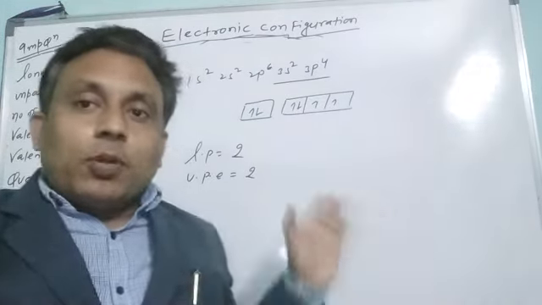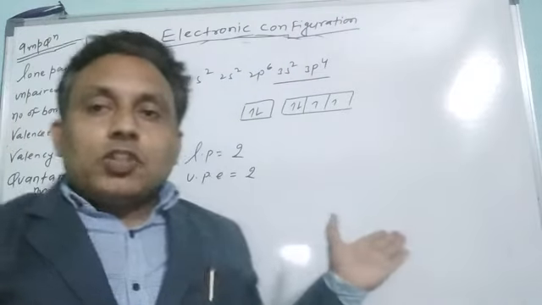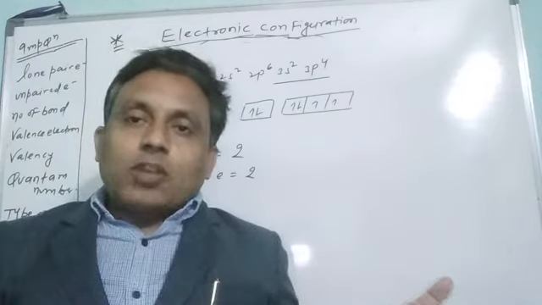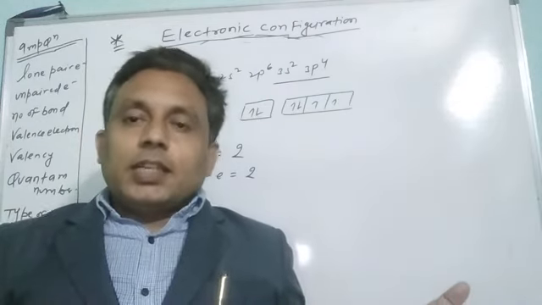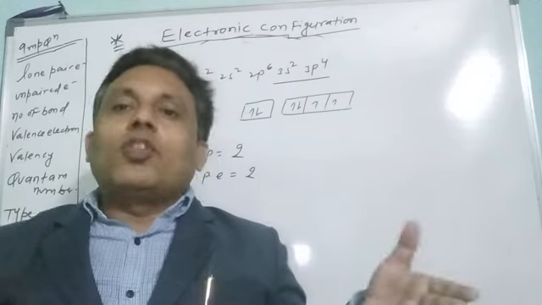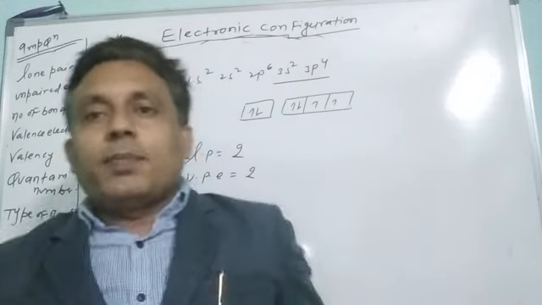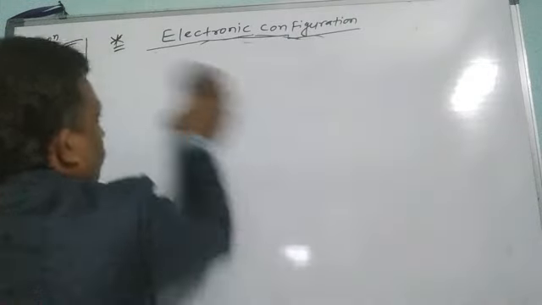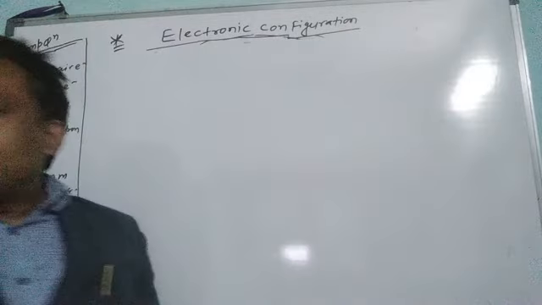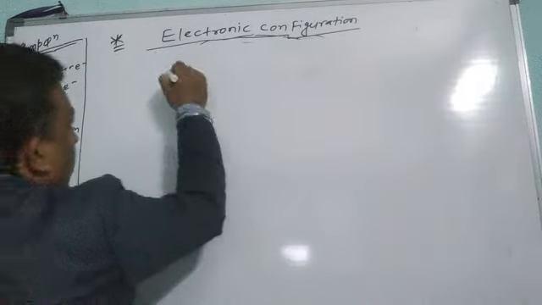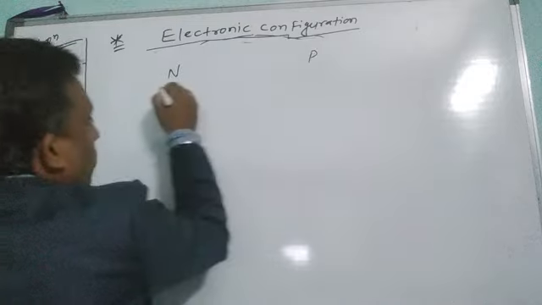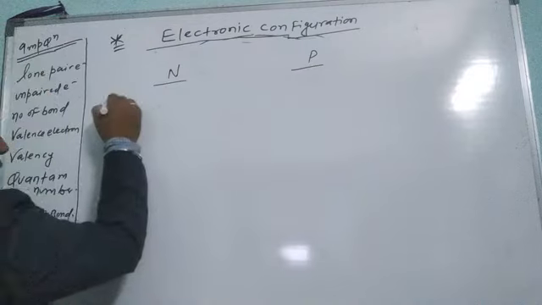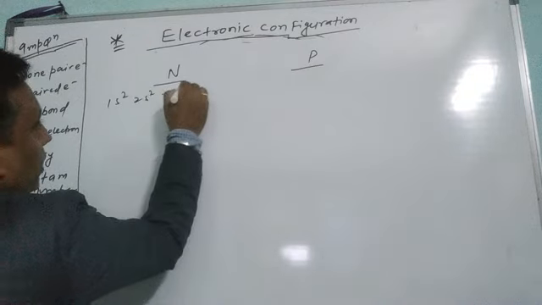That is not the borderline for bond formation, because bond formation also depends on other theory. Okay. If vacant orbitals are present in the orbit, then bond formation increases. As for example, we take nitrogen and phosphorus. Both have 3 unpaired electrons. Nitrogen is 1s2, 2s2, 2p3.